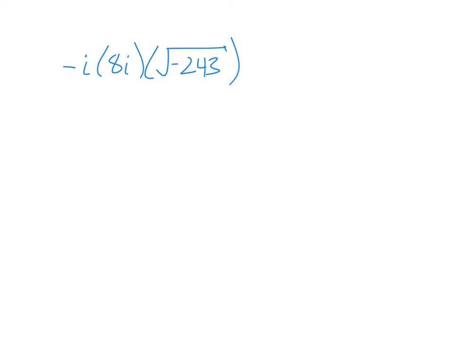All right, what do you need to make sure you do first? We got it right, 243. Yeah, you better do that first, okay? So then this is negative i, and this is still 8i for right now. Then this one becomes i radical 243. Okay, now what?